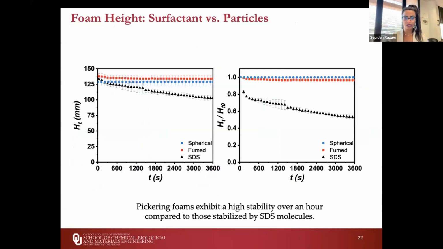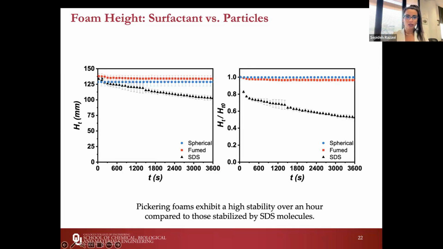Okay, so here's the data for the total height of the foam we make using both types of particles, round particles and rough particles. And we also, as a control, have the SDS stabilized foam systems in black to look at how much better the particles are doing compared to a surfactant stabilized system.